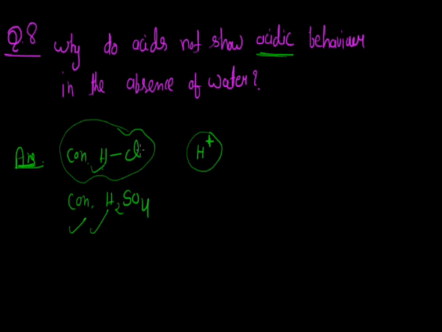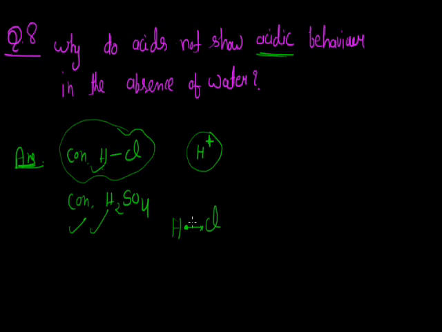Why? Since in HCl, the bond between H and Cl is formed by the sharing of electrons. It means in the formation of this bond, one electron comes from the H side and the other electron comes from the Cl side.